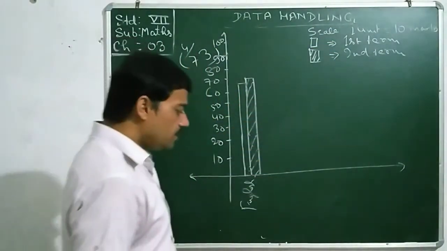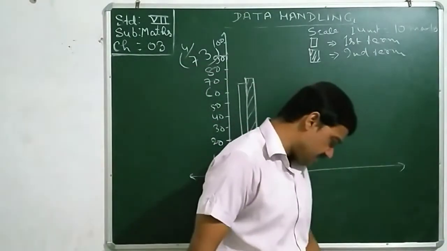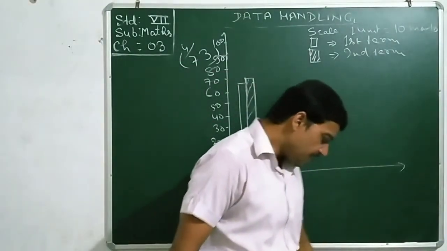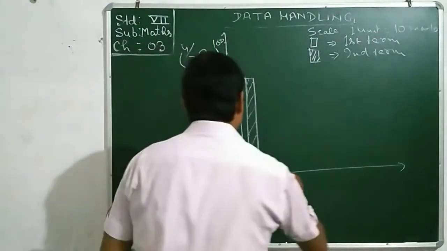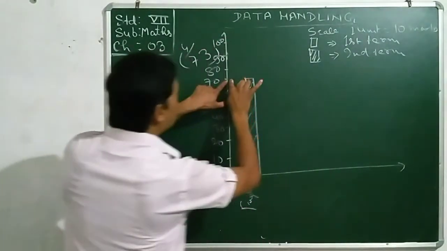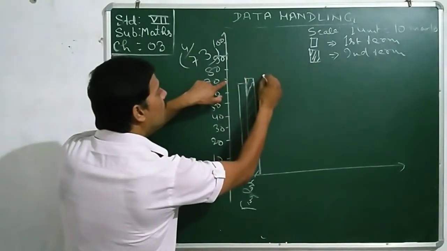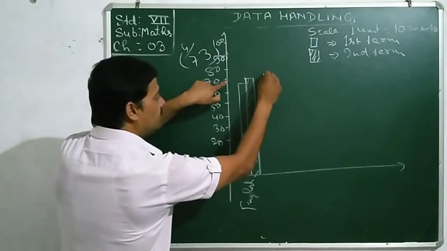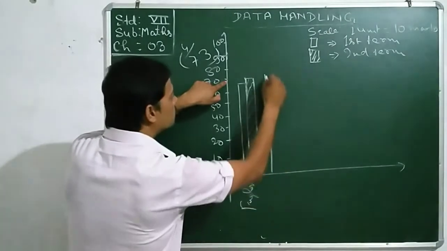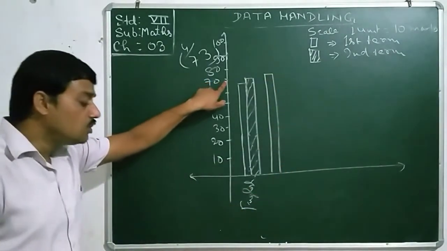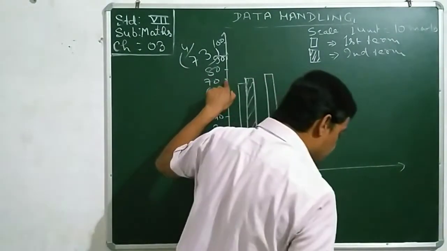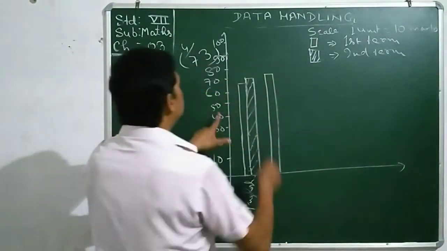Then come to another subject, that is Hindi, 72 and 65. For Hindi 72, this line is 70, this point a little bit higher than 70, 72 for the first term, and if you go to the second term, it has gone down to 65.